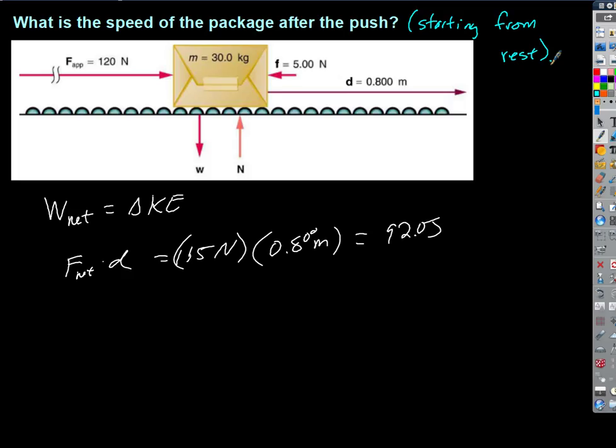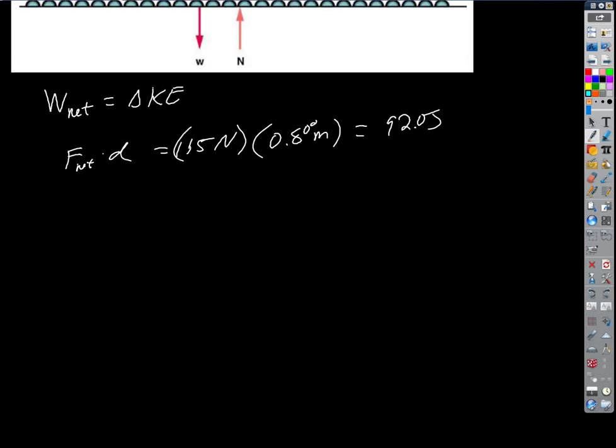Zero. And so the final kinetic energy must be 92, right? 1/2 mv squared equals 92.0 joules. Easy, way easier. All we have to do is multiply by 2, divide by the mass, and square root.